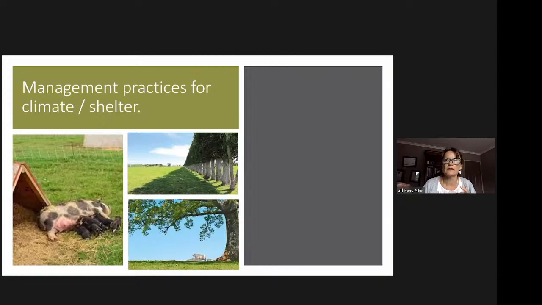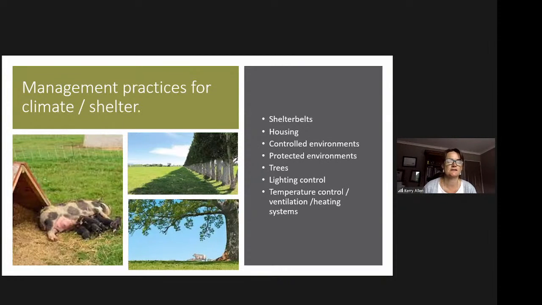Okay, lastly on the management practices, this is looking at shelter and climate. So once again, trying to provide those environments that are conducive to good growing. So shelter from the wind and the snow and the rain, but also shade from the sun in the summertime.